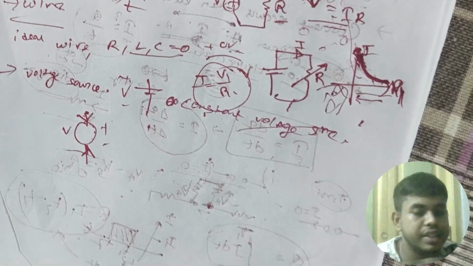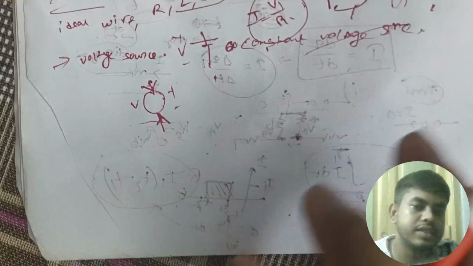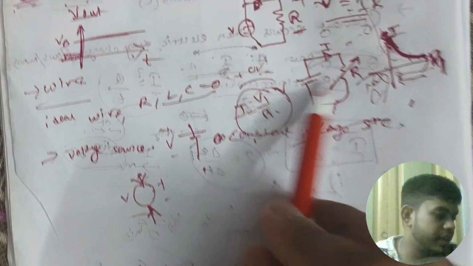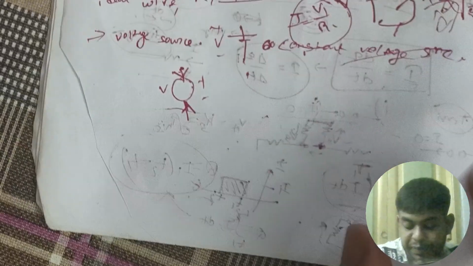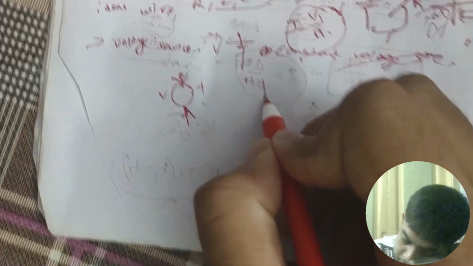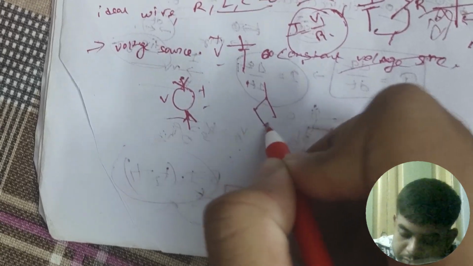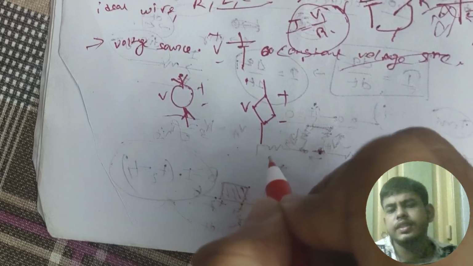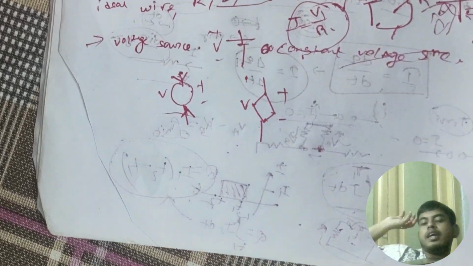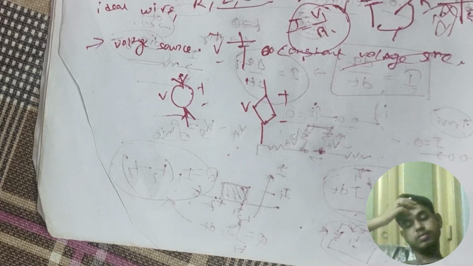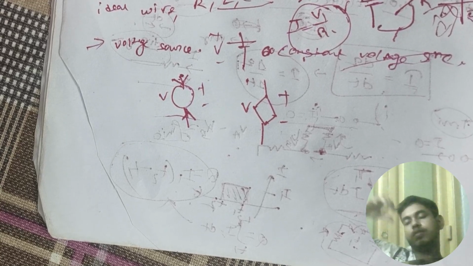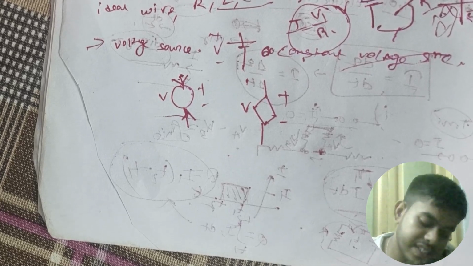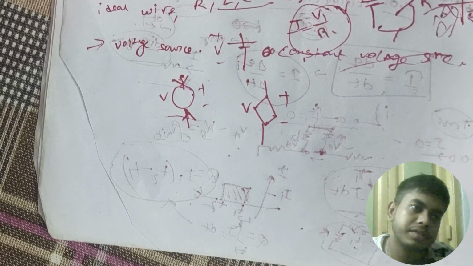Now, independent and dependent sources. We have talked about independent ones. Dependent sources we write like this, with a plus and minus.